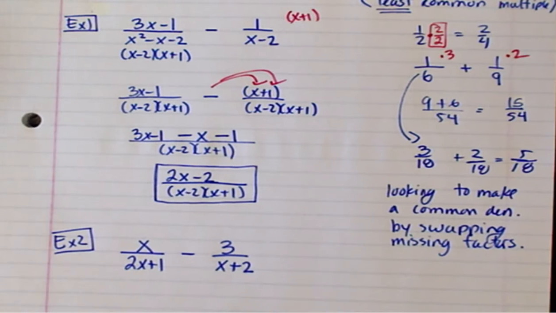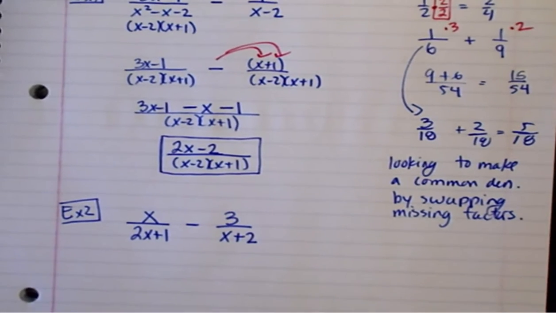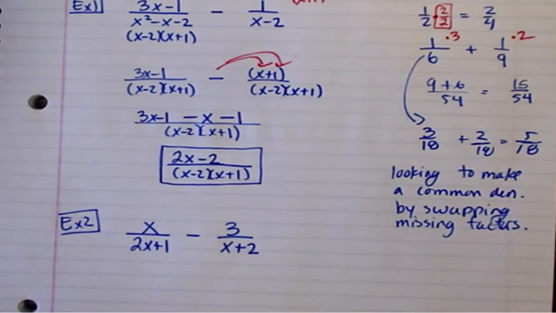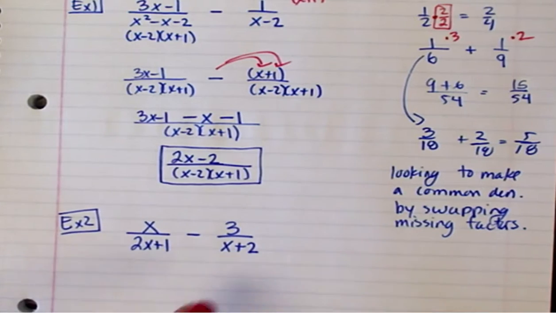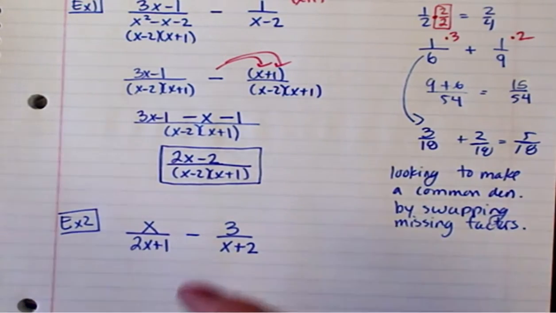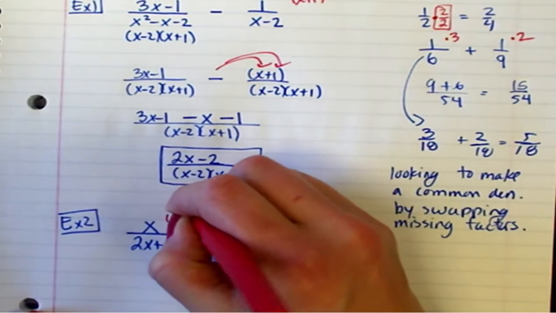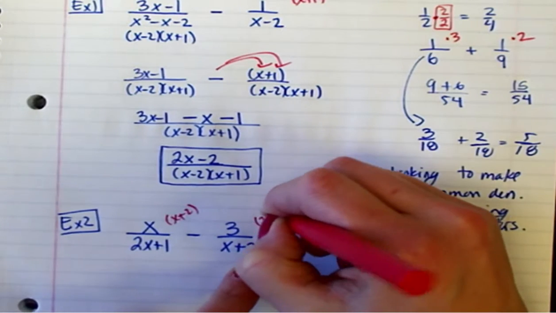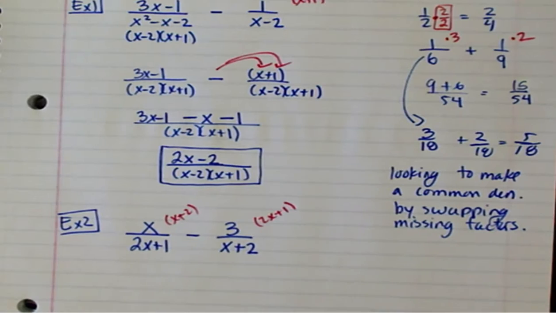If I want to add fractions, I just need a common denominator. So swap the denominators. This time, they're missing both, right? The first one is missing x plus 2, and the second one is missing 2x plus 1.